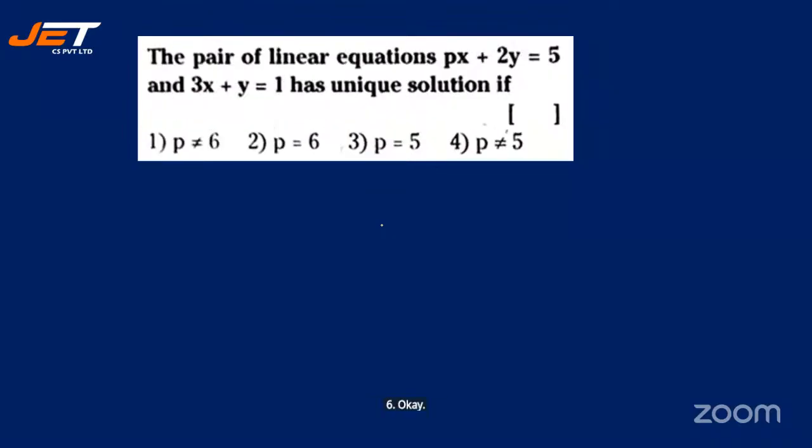Okay. Next question. The pair of linear equations px plus 2y is equal to 5 and 3x plus y is equal to 1 has unique solution if p is not equal to 6, p is equal to 6, p is 5, p is not equal to 5.